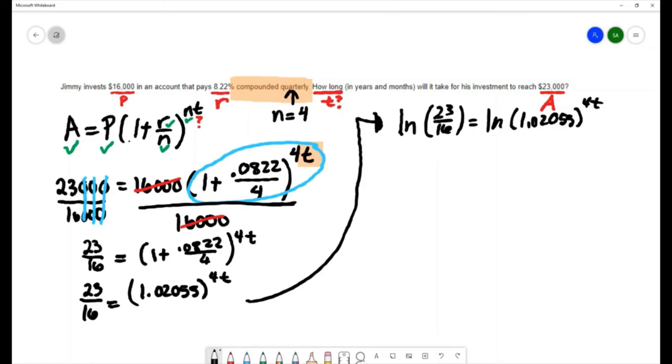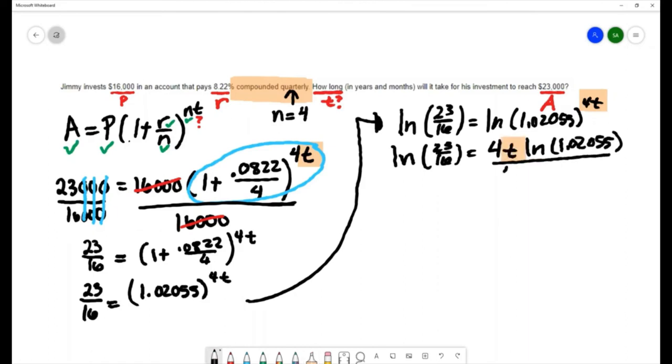Introducing the logs allows me to use a property of logs called the power rule. The power rule will allow you to take that exponent and make it the coefficient of the log. We have natural log of 23 over 16 equals 4t times natural log of 1.02055. Now I want to solve for t by dividing both sides by everything else.